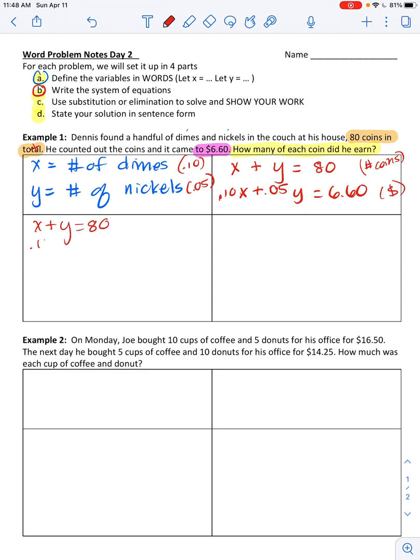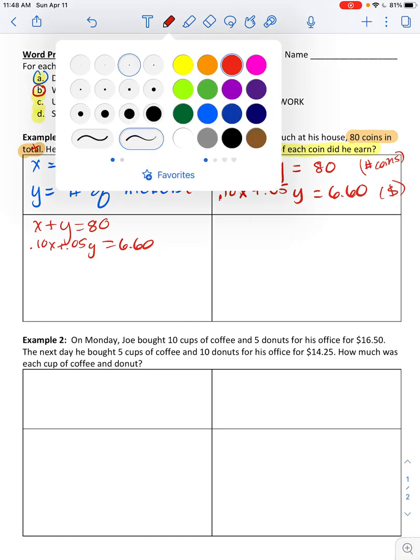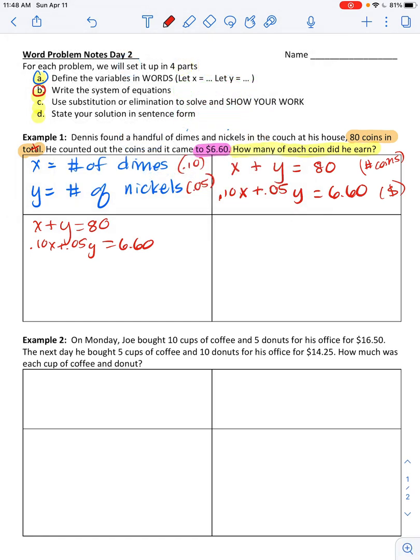I would be tempted, starting with this, 0.10x plus 0.05y equals 6.60, to multiply the entire top by negative 0.10. So each part of the top will give me negative 0.10x and negative 0.10y.